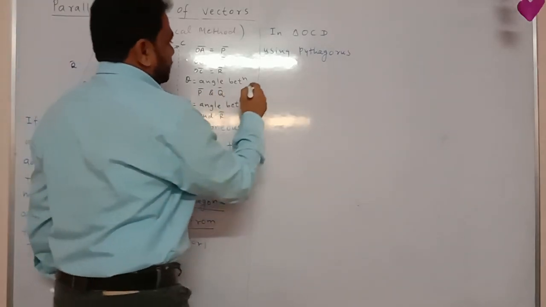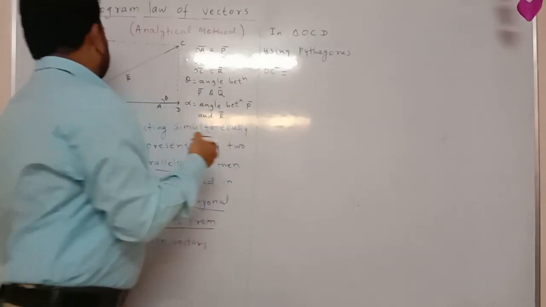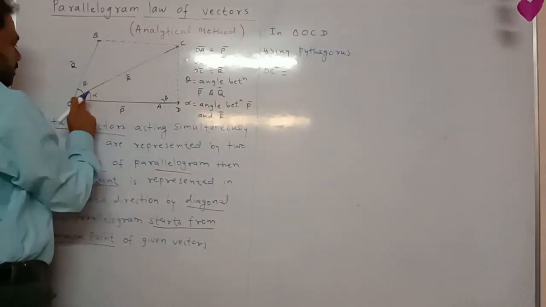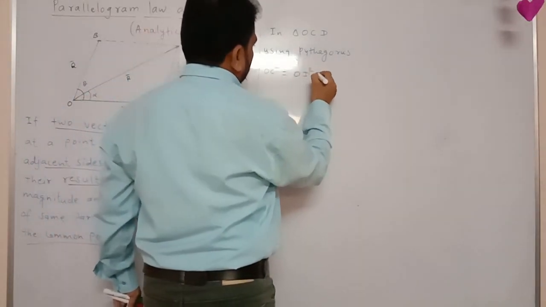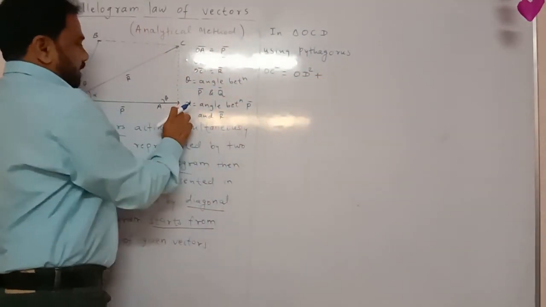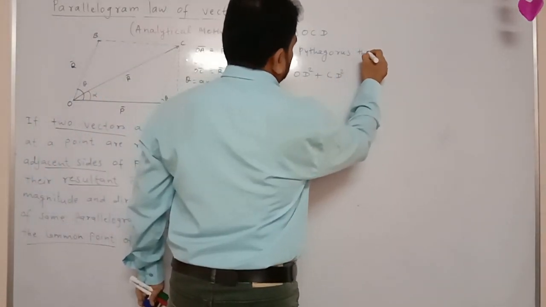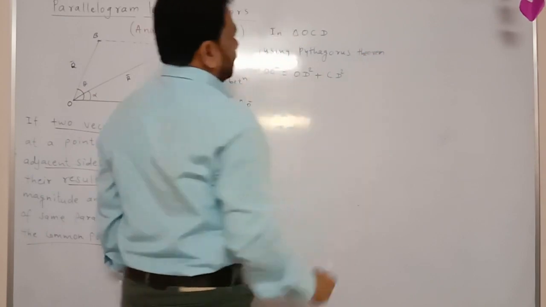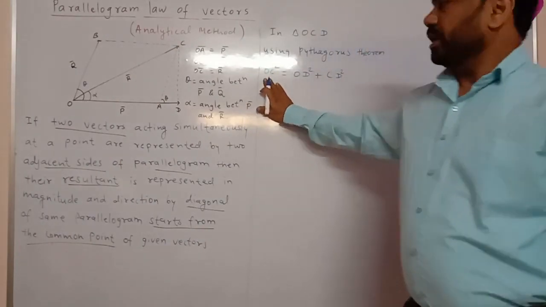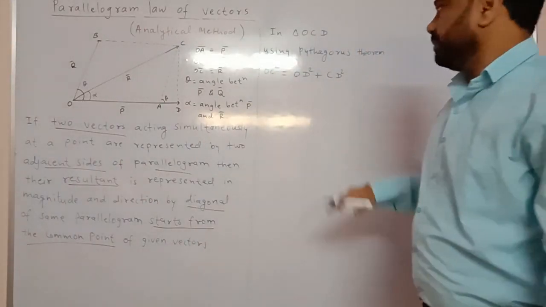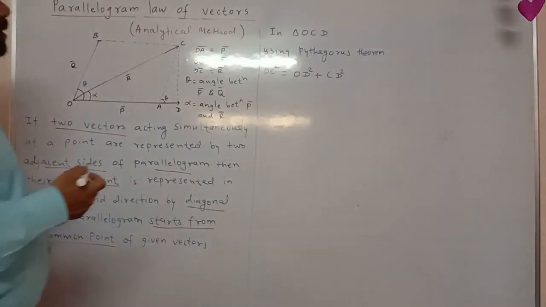We know the Pythagoras theorem: hypotenuse square is equal to base square plus height square. So OC square is equal to OD square plus CD square.